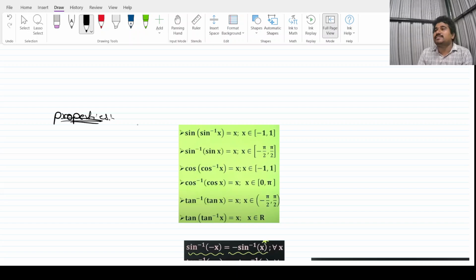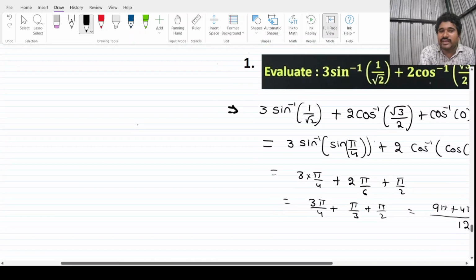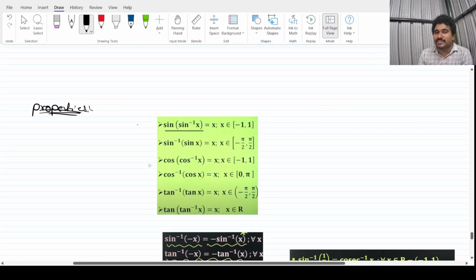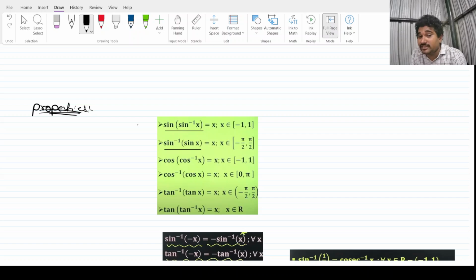The second exercise of the chapter is based upon some of the properties. Remember, just now we did this. Yes or no? Remember here, this is the domain.